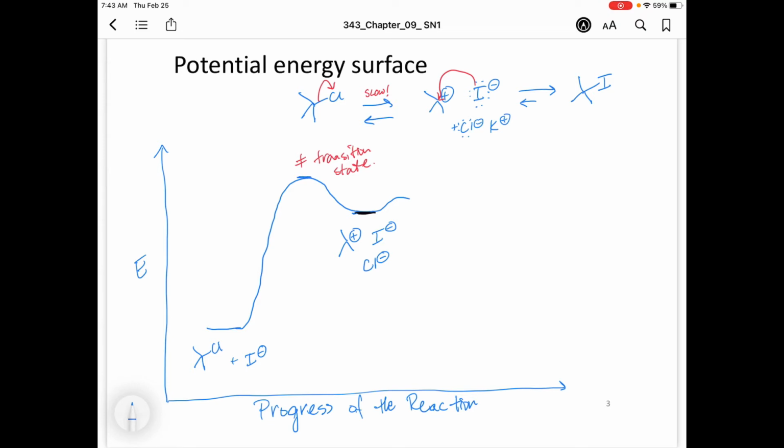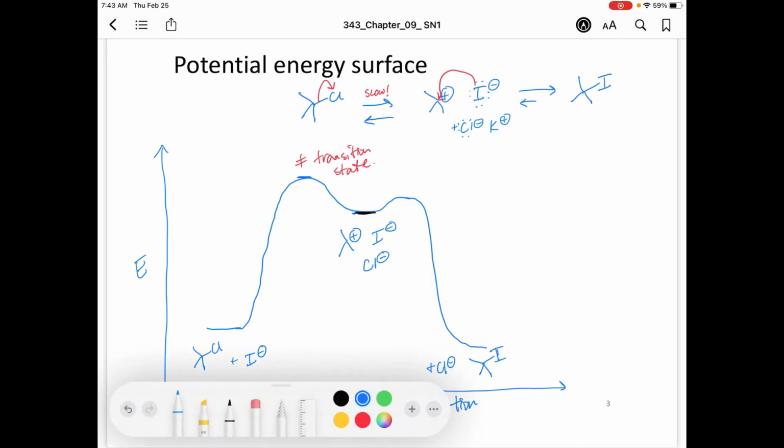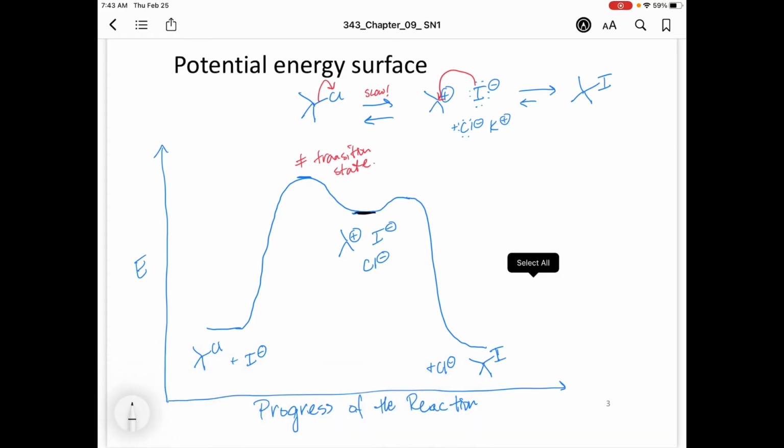Okay, so now it's going to go through the next step of the reaction, and we're going to form our product. We've added our I- here, and then we have our Cl-. So there, we have our product. The rate of this reaction is dependent upon only the formation of the carbocation. And this is because this is the highest energy step here. So this energy difference here is determining the rate.